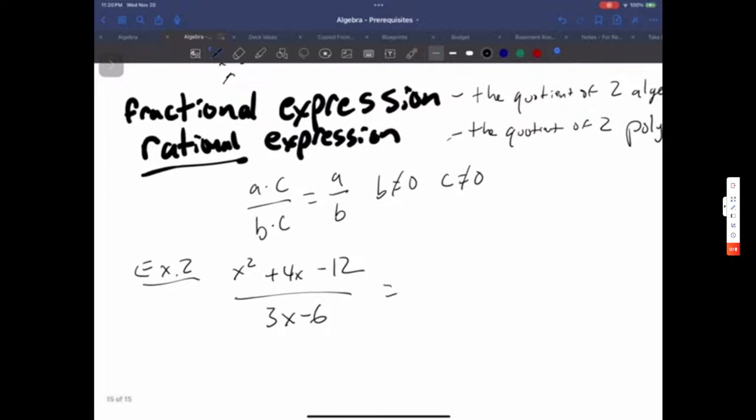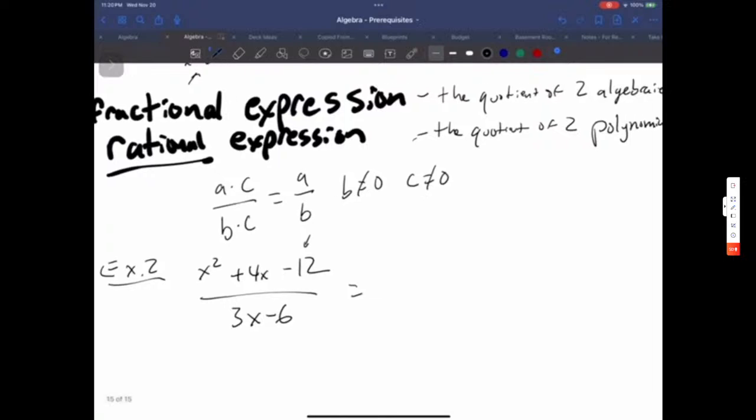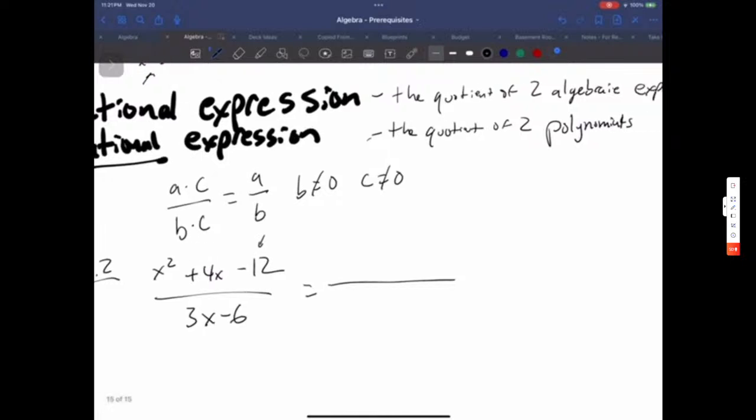So remember, we were looking for a factor of that. The 12 is made up of 12 and 1, 2 and 6, and 3 and 4. Because the leading coefficient is a 1, that's why this works.